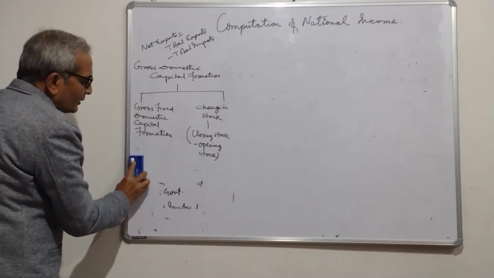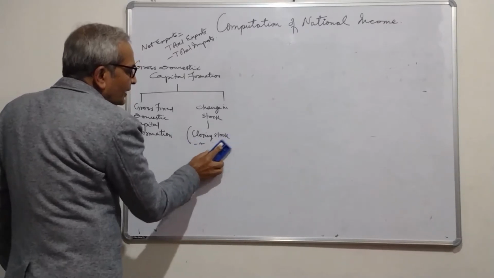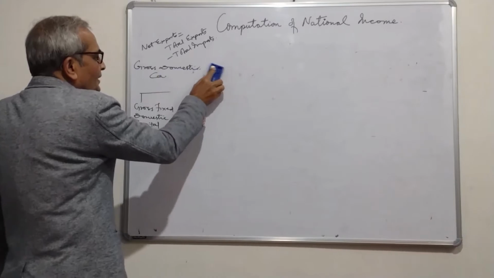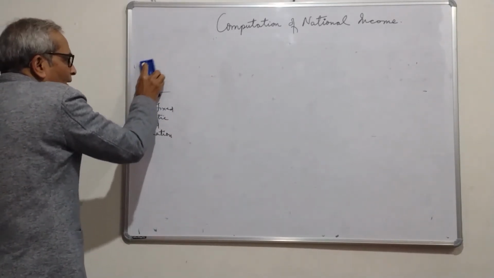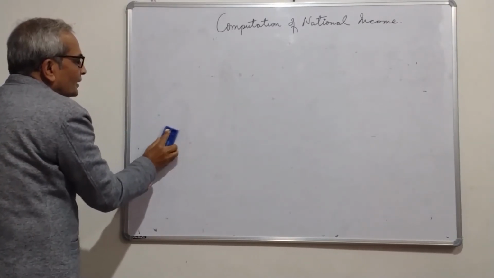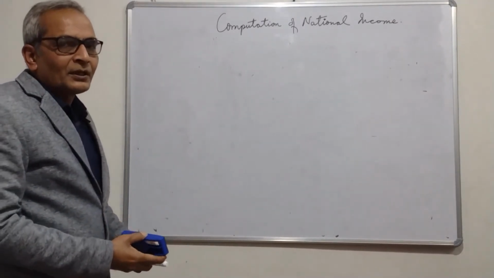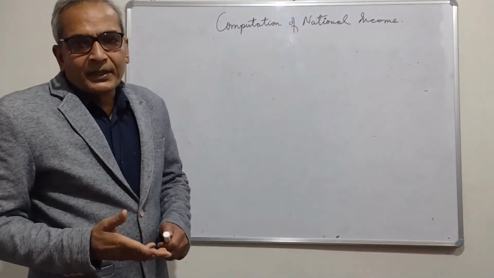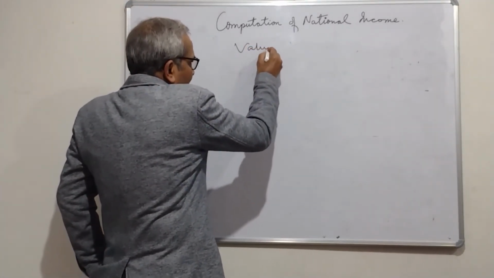For example, the carpenter has bought all those intermediate goods for, let us say, 3,000. When he gives it a shape, he sells that for 5,000. So the value addition is 5,000 minus 3,000. The value addition is 2,000. That is how it works. So that is known as value addition. So third method is value added method.